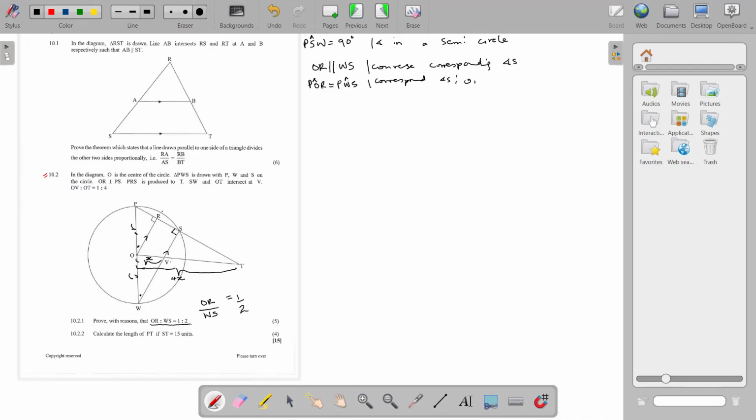We have our OR, which has been proven to be parallel to WS.